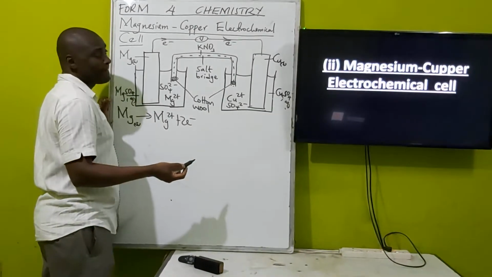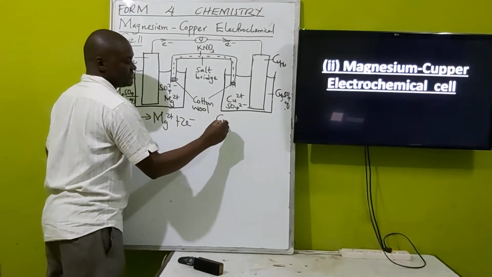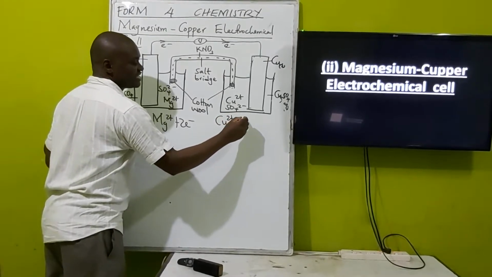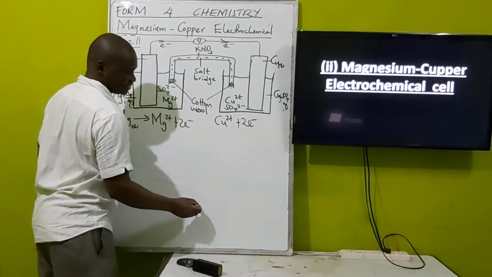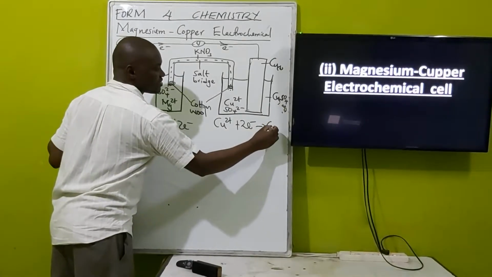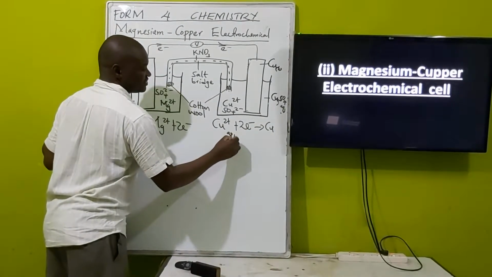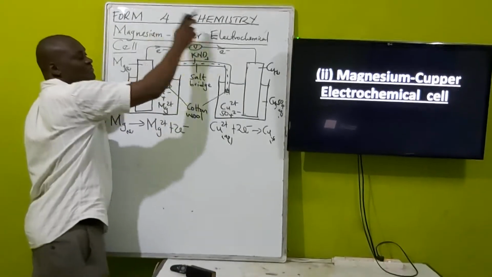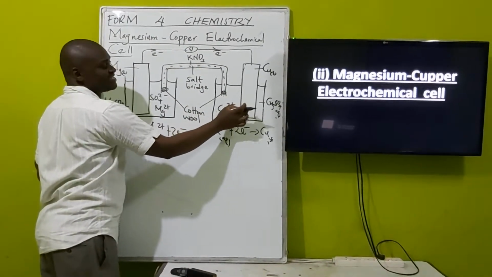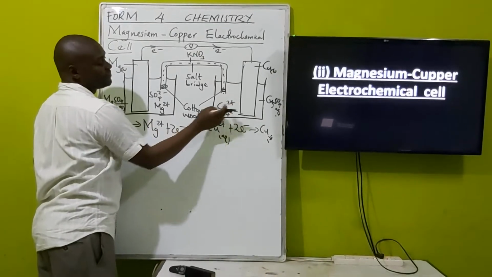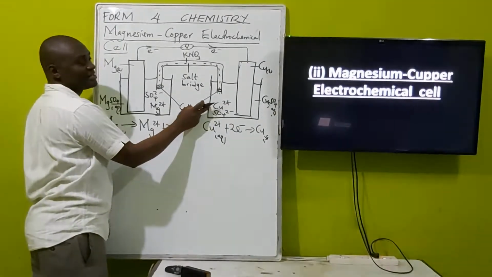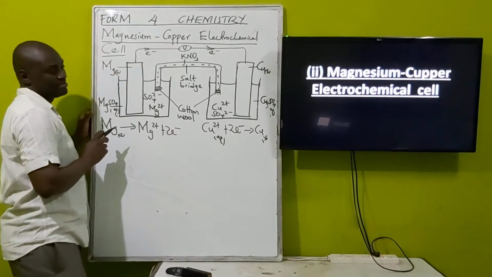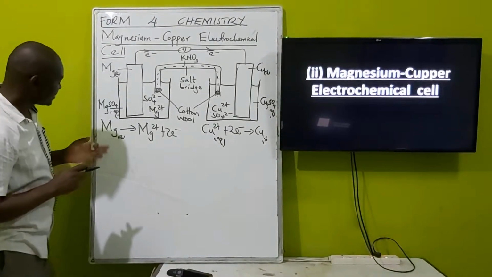So what will happen? It is this copper 2 that will gain electrons to form copper. So the electrons from magnesium move to the copper electrode, and reaching the surface of the copper electrode, they'll be picked up by the copper 2 ions.